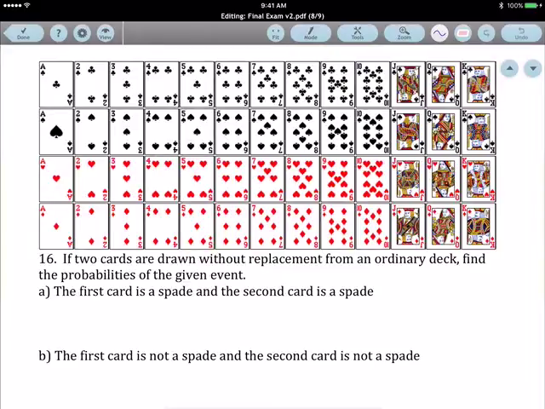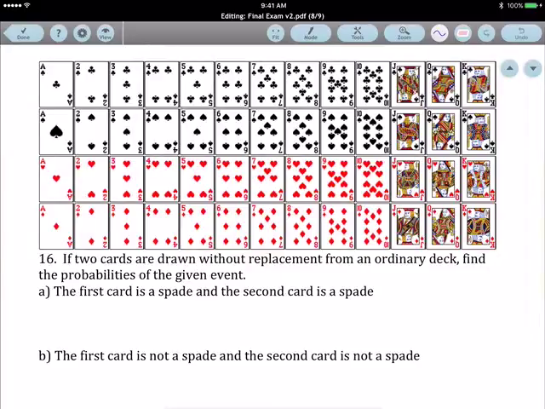All right. So there is going to be a problem related to decks of cards on your exam, but it'll give you this picture of what's in a deck, so you don't have to worry about memorizing what's in a deck of cards. So let's look at this one as an example. It says, if two cards are drawn without replacement from an ordinary deck, find the probabilities of the given event.